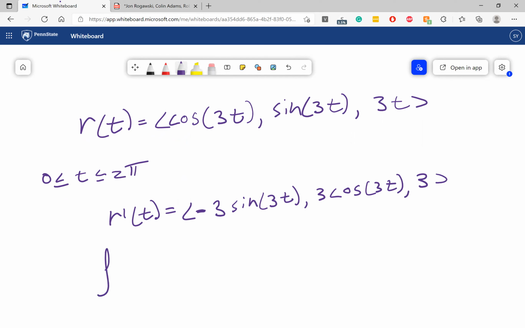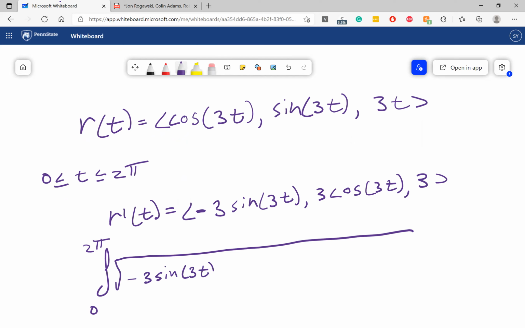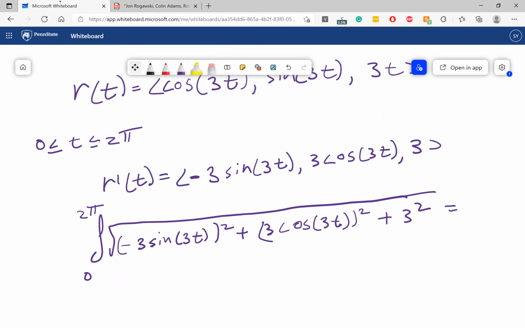So now we take the integral from 0 to 2 pi of the square root of negative 3 sine of 3t squared plus 3 cosine of 3t squared plus 3 squared.